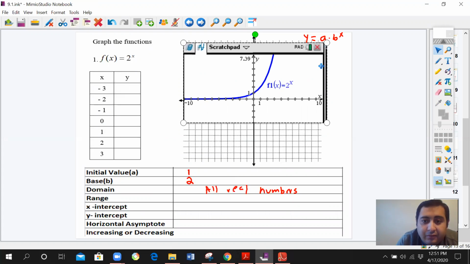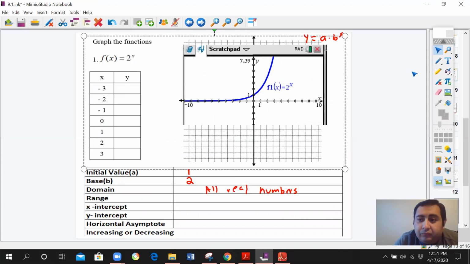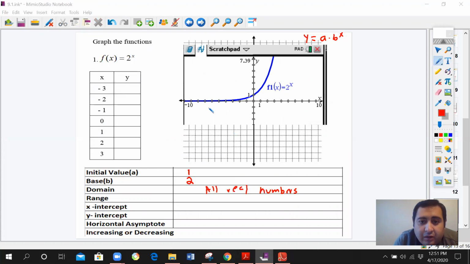So our horizontal asymptote is right here in the red dotted line at y equals 0. So we already have that the horizontal asymptote is y equals 0.